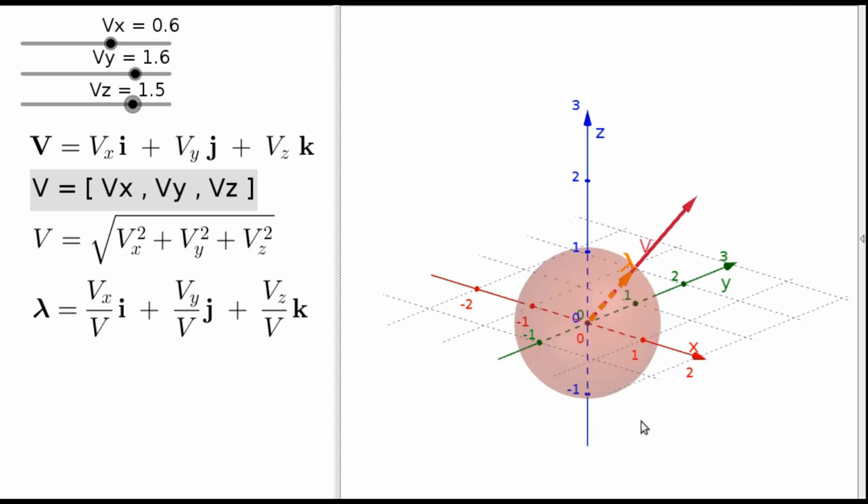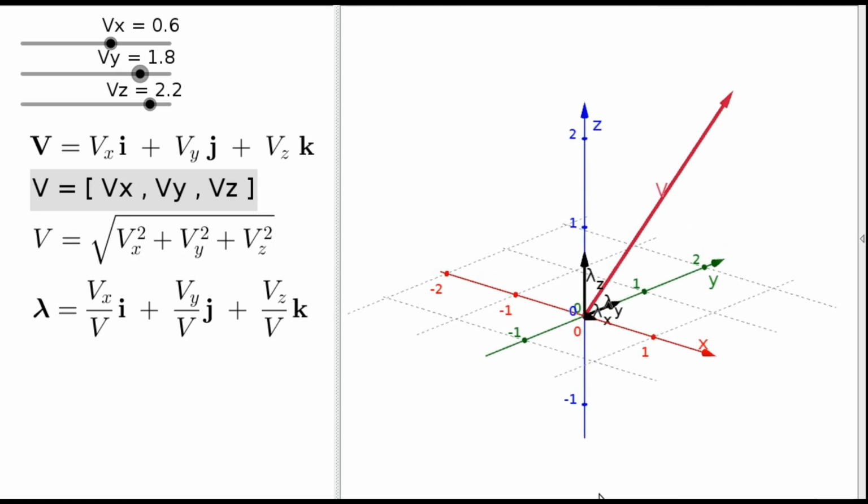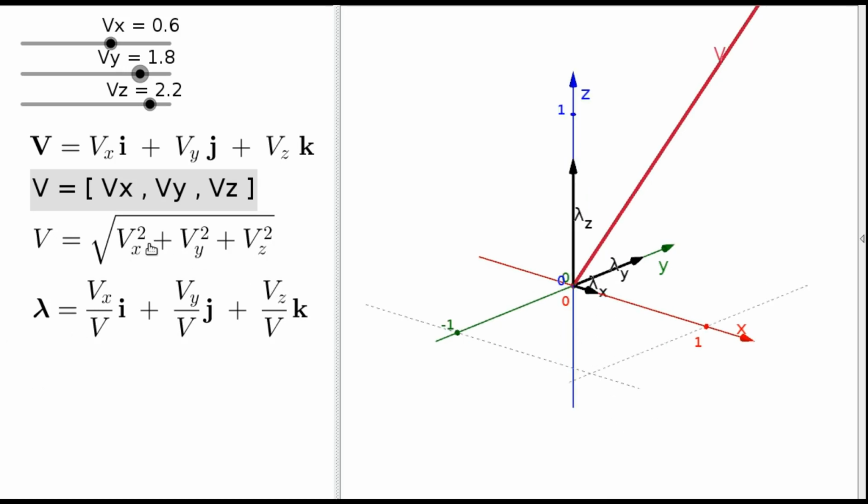We can think of this unit vector, if we move it around, it will stay on the unit sphere. So it can point in any direction, but the tip will be on that sphere, if you want to think of it that way. The unit vector also has components, lambda x, lambda y, and lambda z. And it's interesting if we change, let's do Vx is small here.